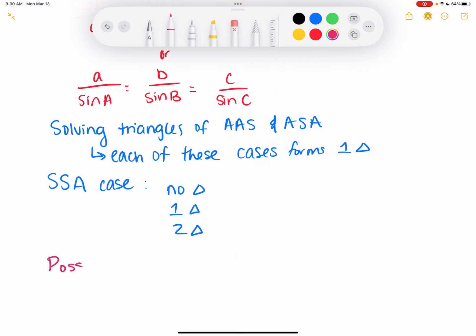So, possible triangles for the side, side, angle case.